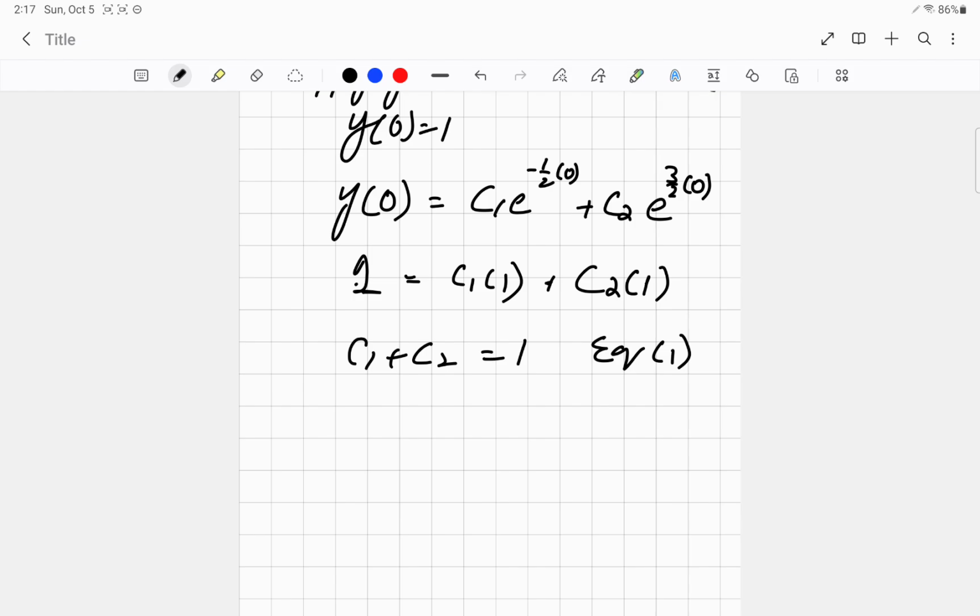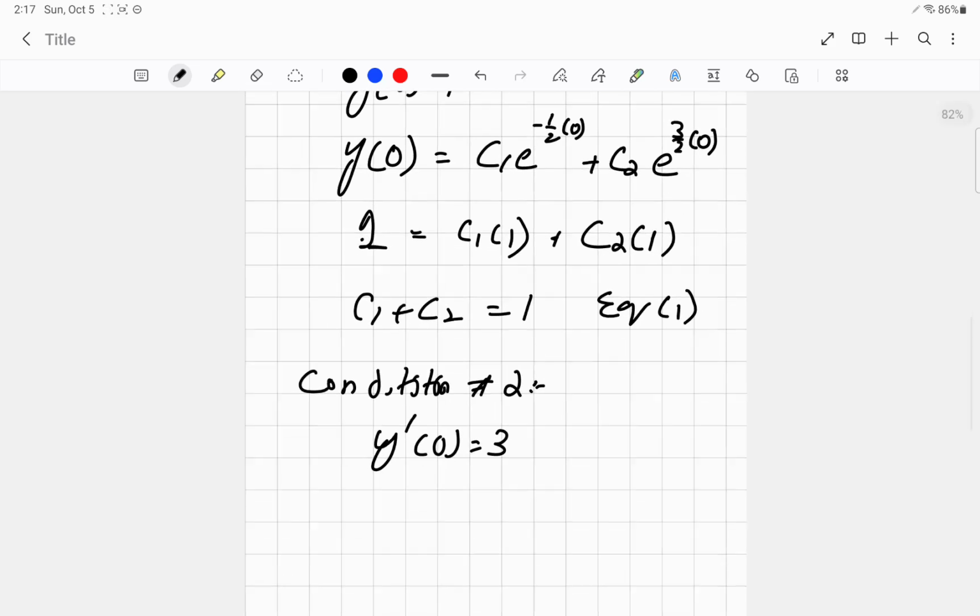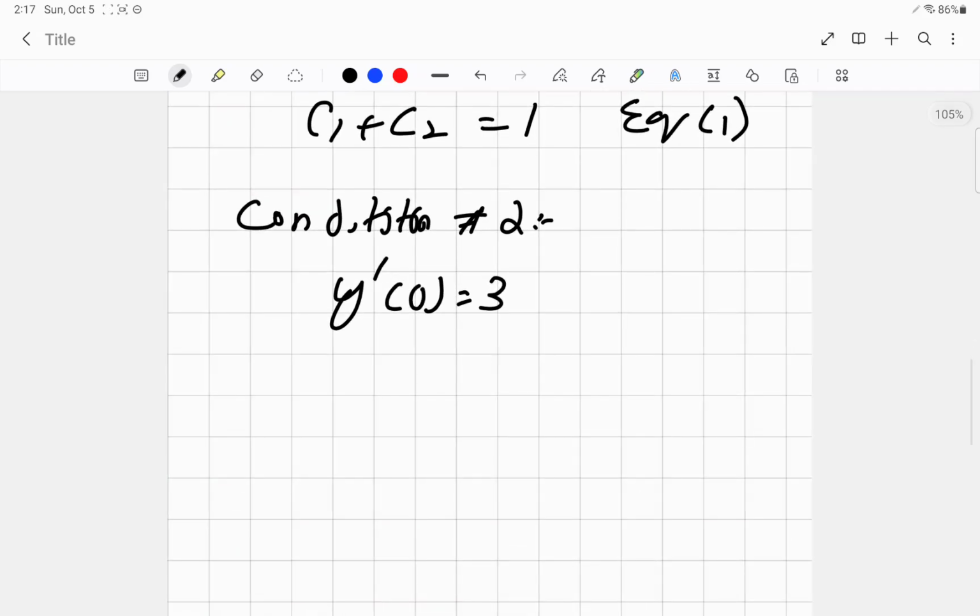Now there is a second condition, number 2, which is y dash of 0 equals 3. So first we find the derivative of the general solution. The general equation is y of x equals c1 e to the power of negative x by 2 plus c2 e to the power of 3 by 2 x.